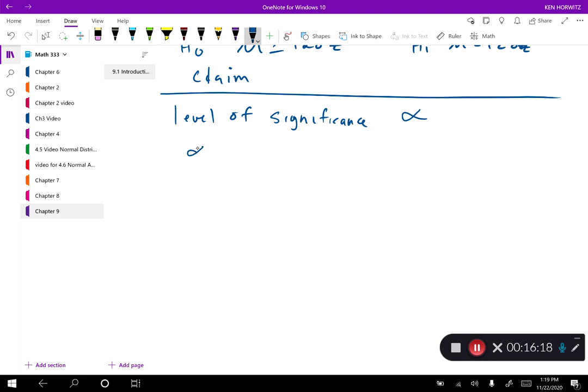So the three basic alphas that we have would be 0.10, 0.05, and 0.01. Now, these aren't the only alphas that we're going to work with, but these are the typical ones. And they're going to help us find our border between the rejection region and the do not reject region.